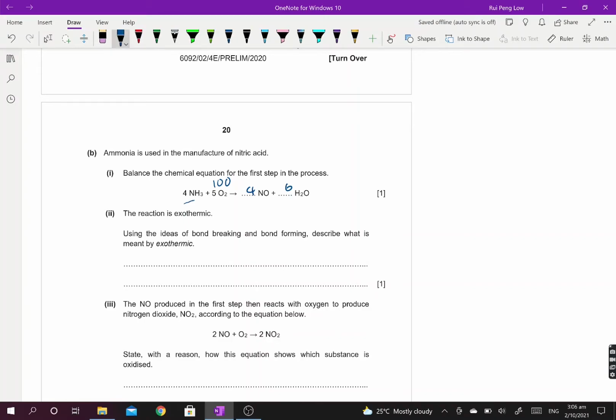Now, first of all, for chemical energies, right? Bond breaking. Okay, when you break a bond, you take in energy. Okay, so bond forming. Once you form the bond, you release energy. Now, what is exothermic?